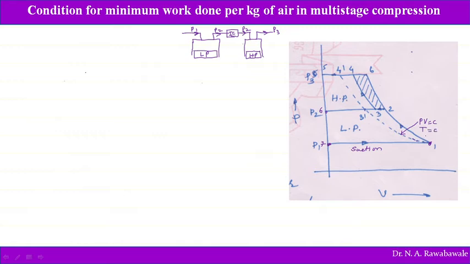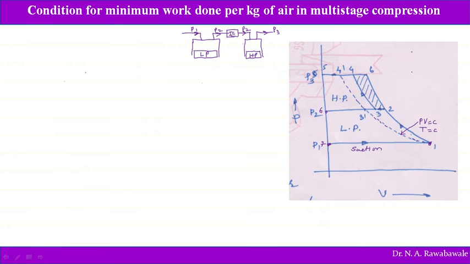So our aim is to follow this dotted line, but practically it is not possible because we cannot provide infinite time for the compression process, and the heat generated during compression has to be dissipated, and if we violate this, then that cannot be called an isothermal process.